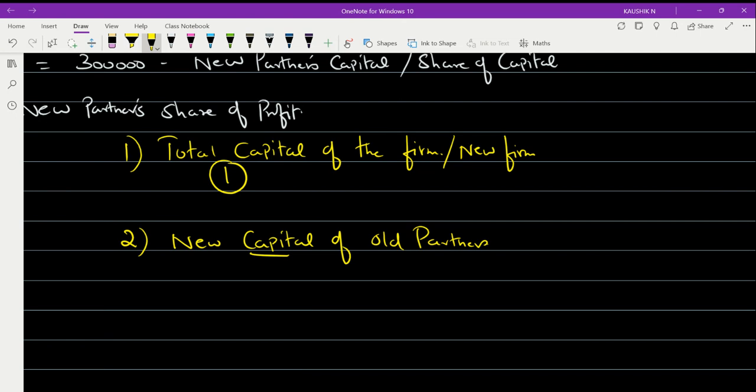Accordingly, the condition says we have to fix the capital based on the incoming partner's capital. So now you know what the total capital in the firm should be. In this total, you have been given one third share. For that, what should be the required capital?